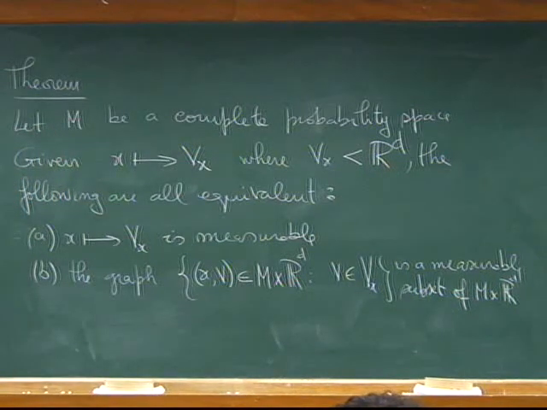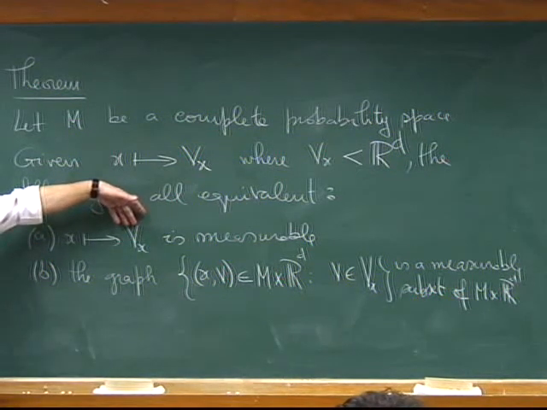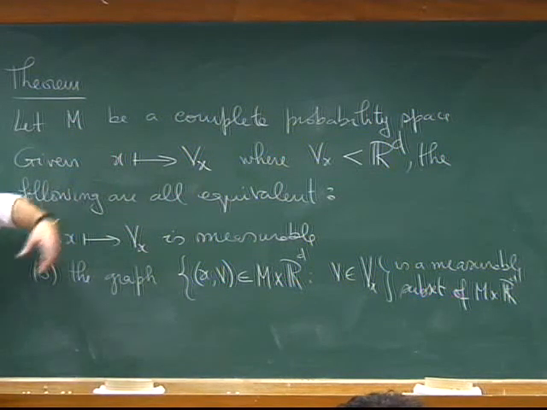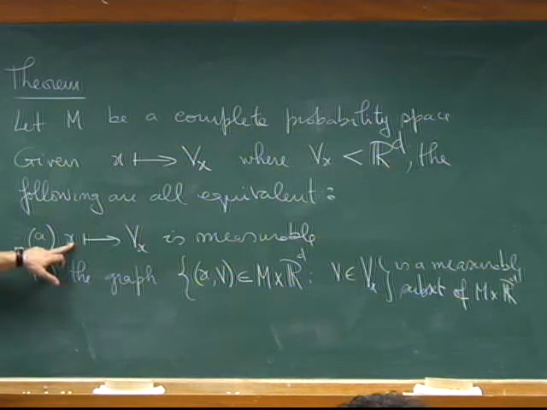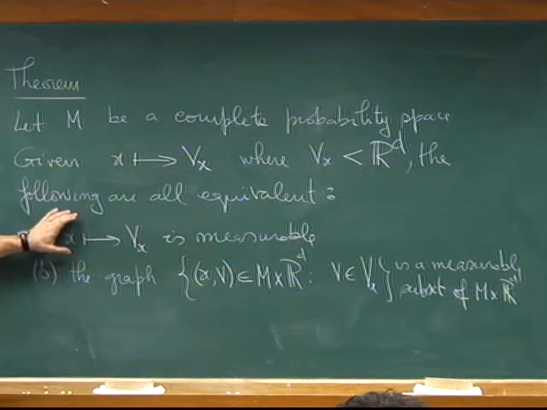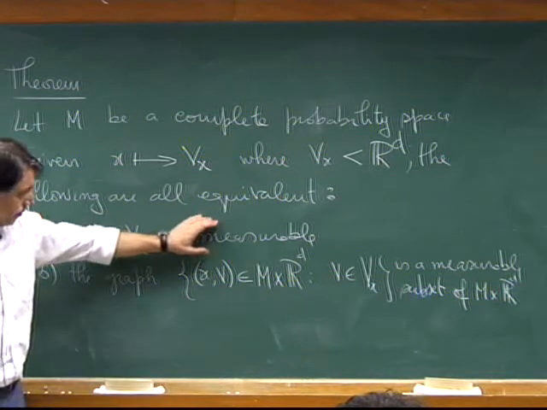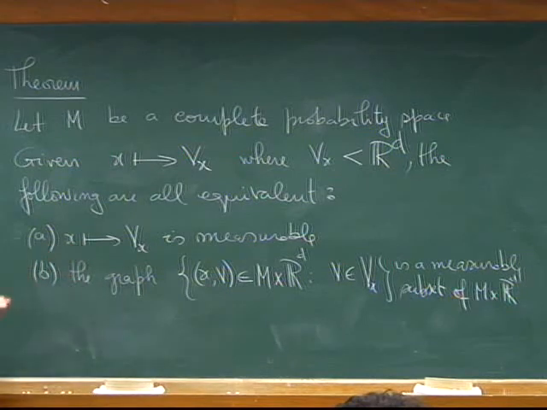This is really nice. I already explained what it means for a function like this to be measurable. It means that you can find bases formed by vectors that depend measurably on the point. And this theorem characterizes when that happens. The function is measurable if and only if its graph is a measurable subset of the product.